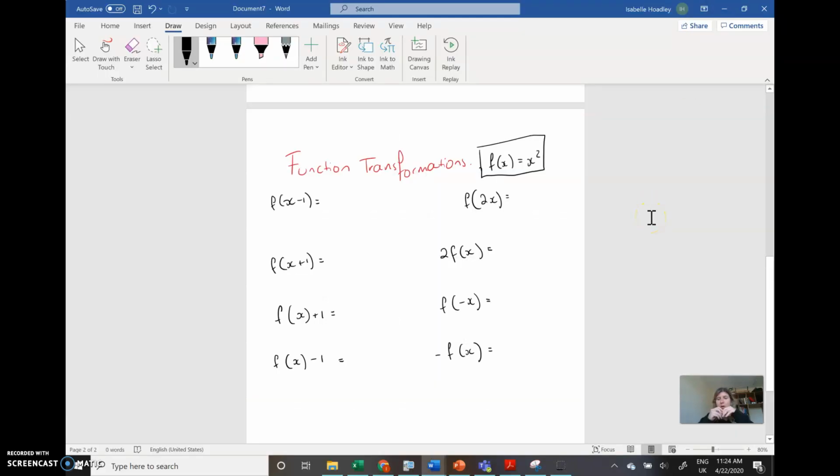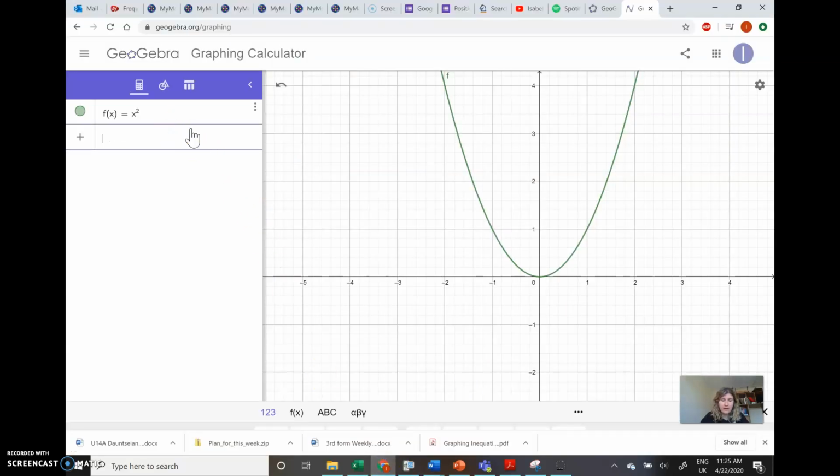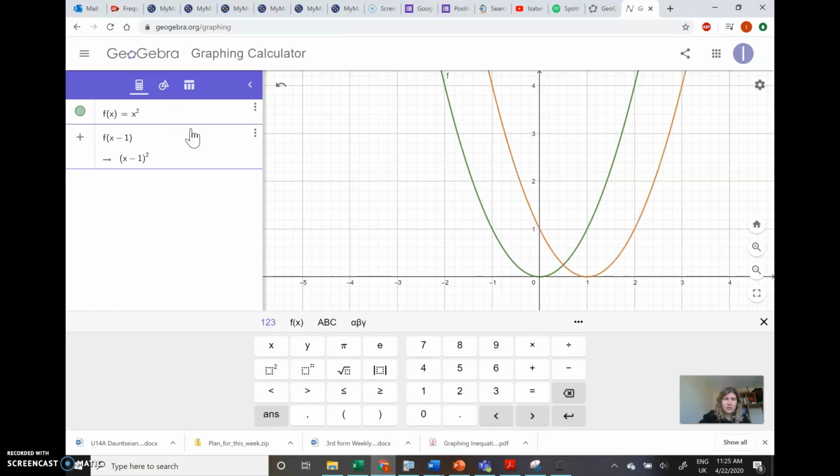Whenever you do something to that, it's going to change slightly what the function looks like, and there are only certain things that you can do to a function. We've looked at these already when we were doing functions. If we've got f of x minus 1, and we put this into our f of x, that gives us x minus 1 all squared. If we look at what this looks like, we can see our equation, x minus 1 all squared.